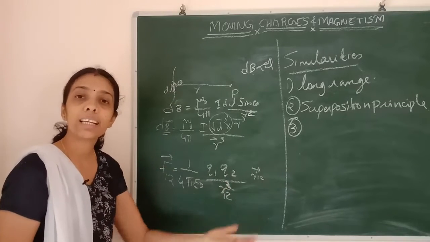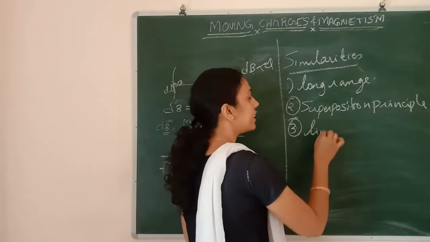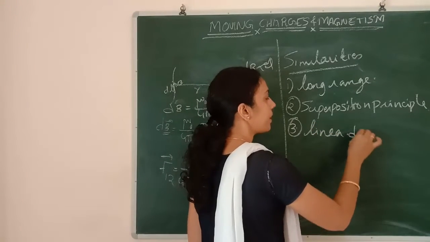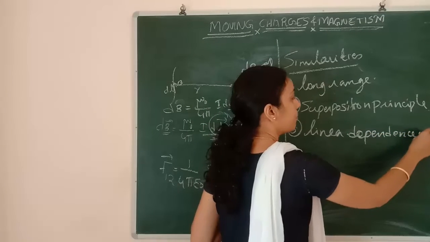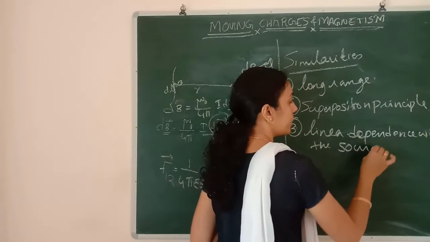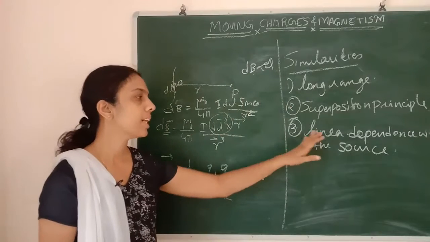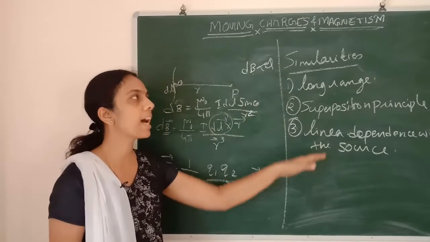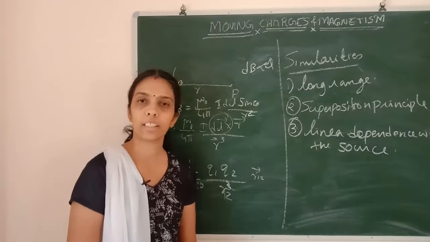The field depends linearly on the charge. So both have a linear dependence on the source. That is the similarity between the electric field and the magnetic field.